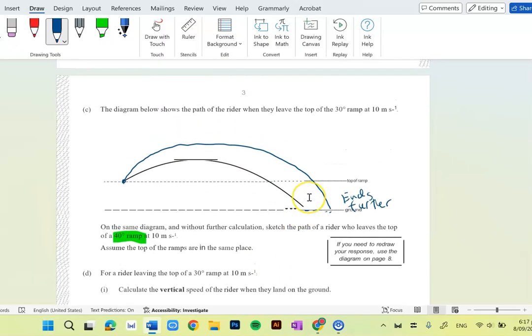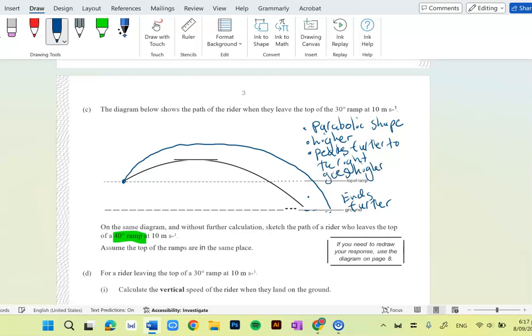If you have a parabolic shape, and it's higher, and it peaks further to the right, which means it goes a greater distance, and it starts at the same spot.